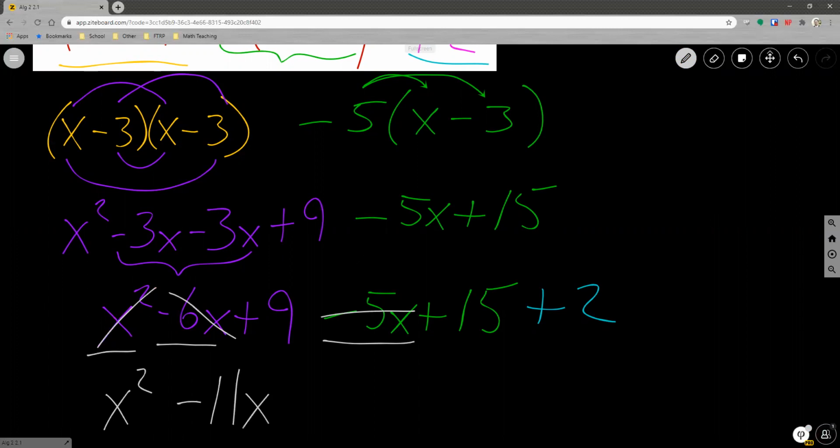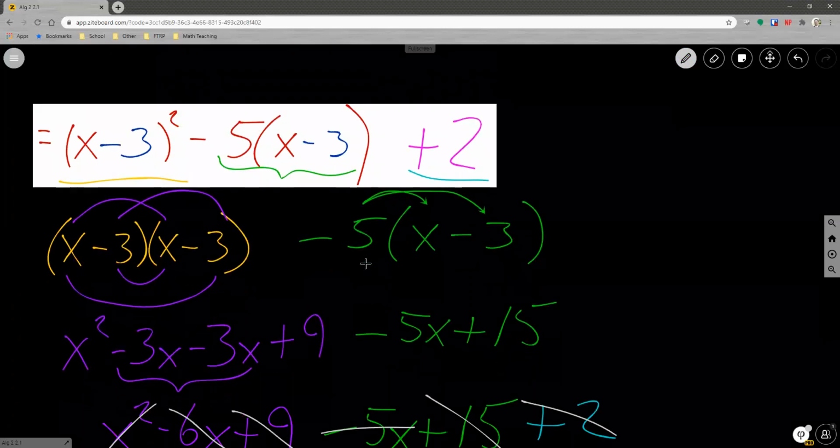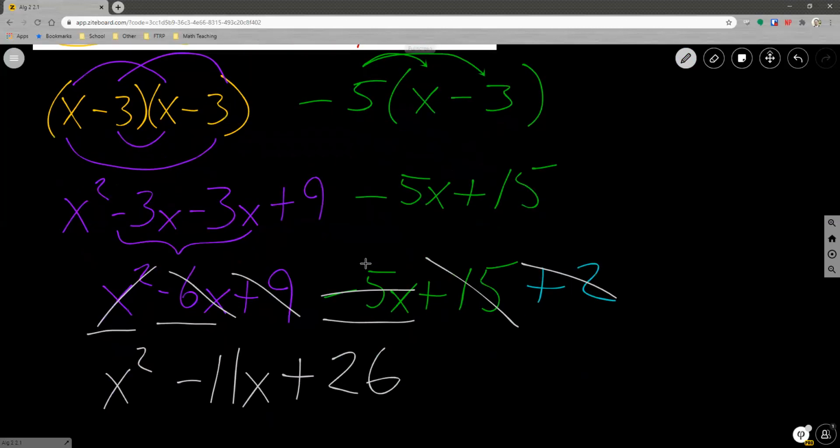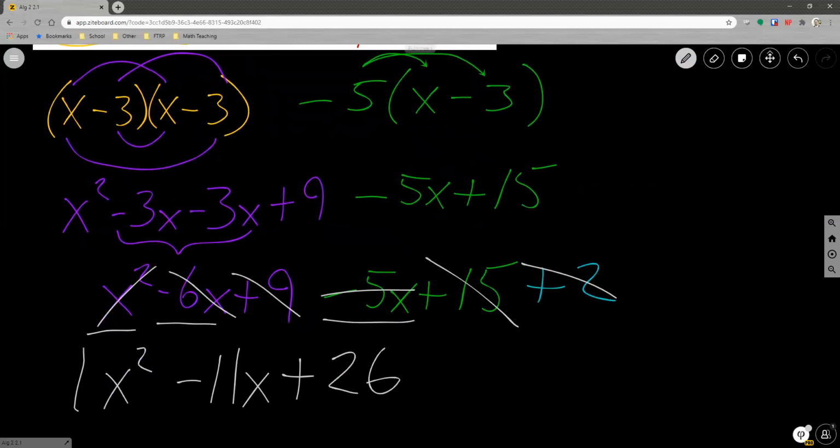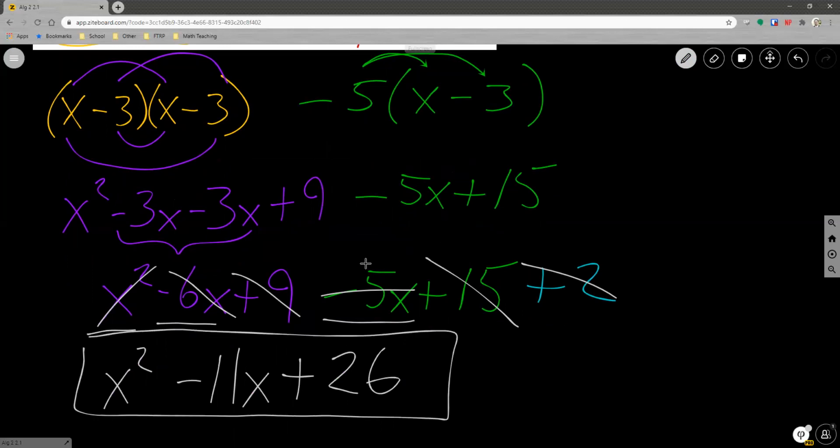And then finally, 9 plus 15 plus 2 gives me plus 26. So now I've evaluated all of these changes that I've made, the two transformations, rather, the translations to the right by 3 and up by 2, and it's given me a rewritten form of this function, x squared minus 11x plus 26.